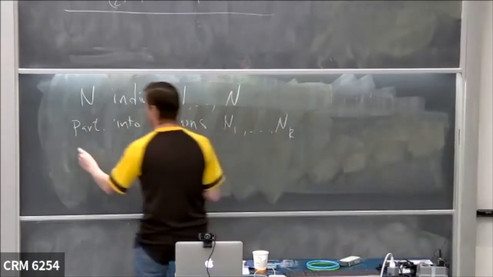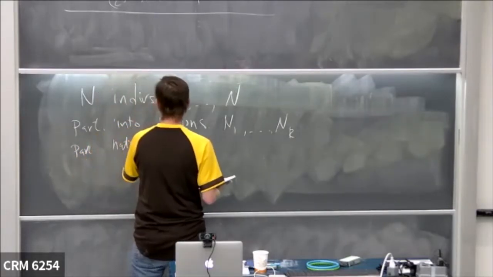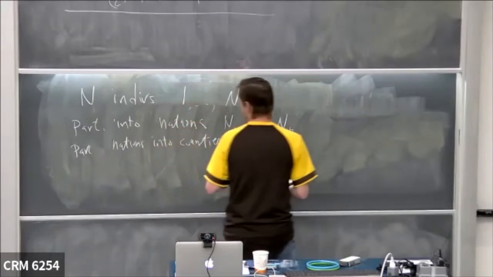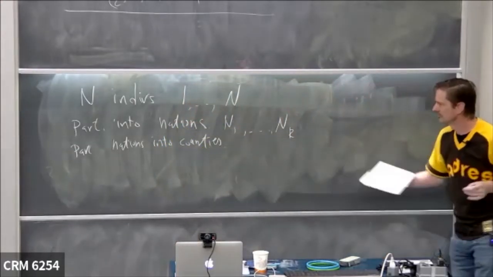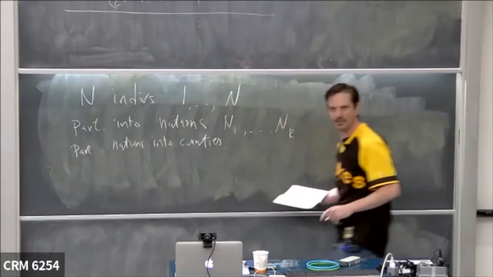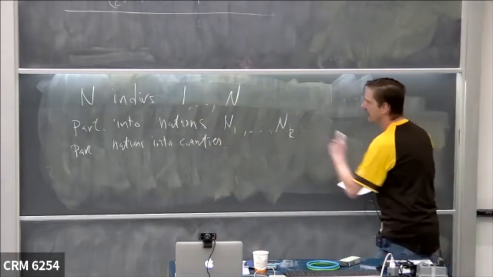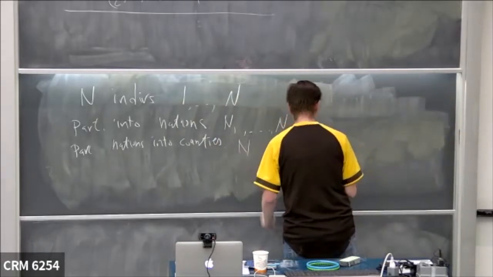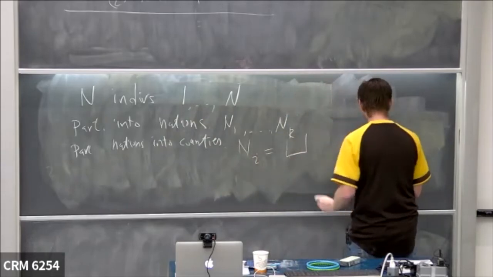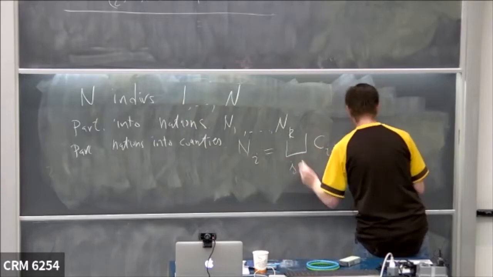And then you're going to partition nations into counties. Yeah, English co-authors: not states, not provinces, but counties. So each nation will be the disjoint union of say C_ij for some number j.